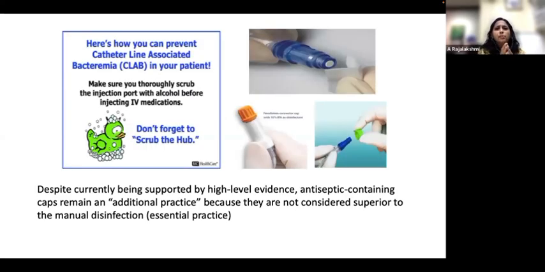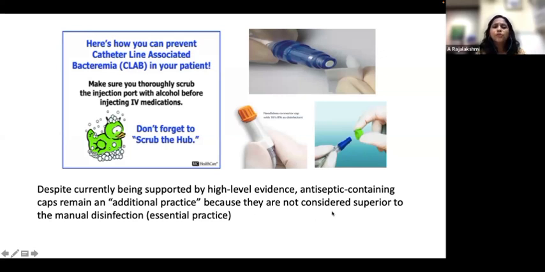The other additional approach that I was talking about is the antiseptic impregnated catheter hub. So there is a lot of evidence gaining for these antiseptic containing caps, but this is still an additional approach because it is a little costly. So we cannot overcome this by just putting this.